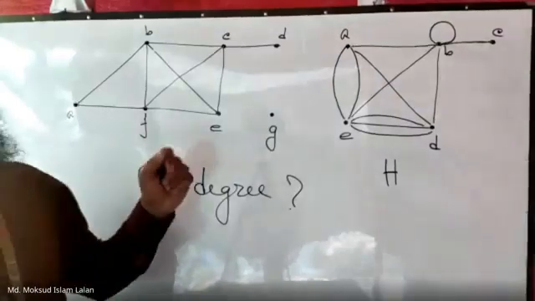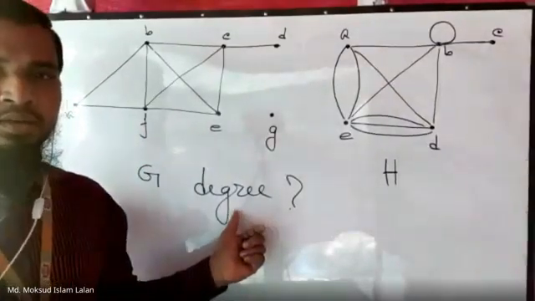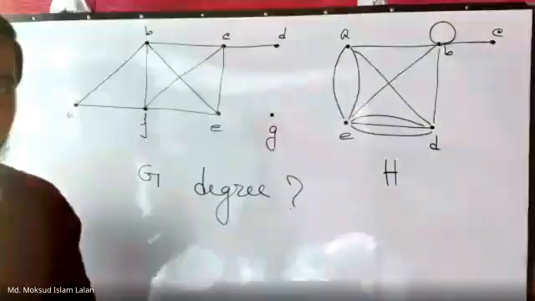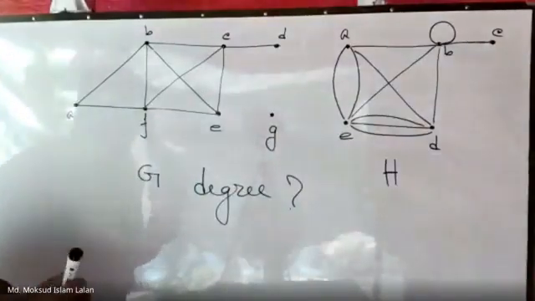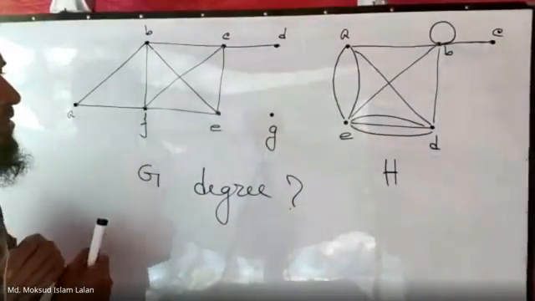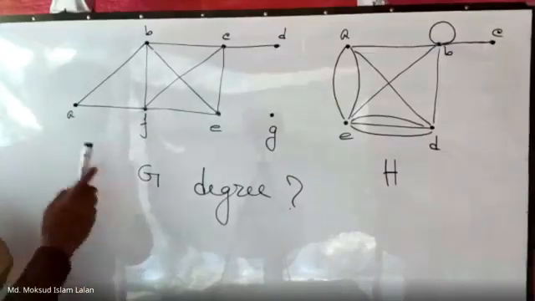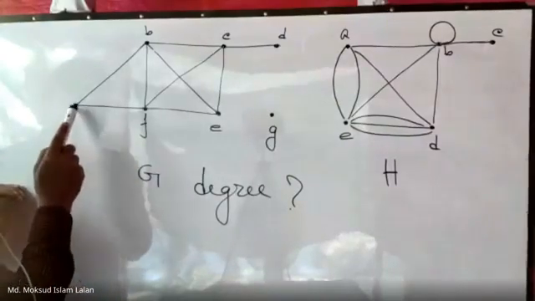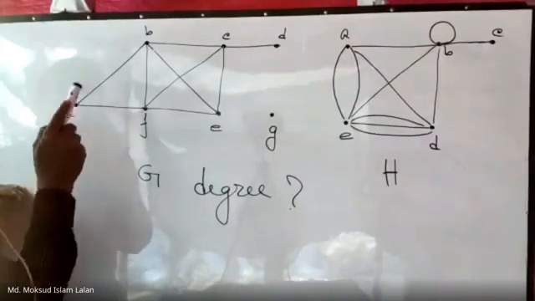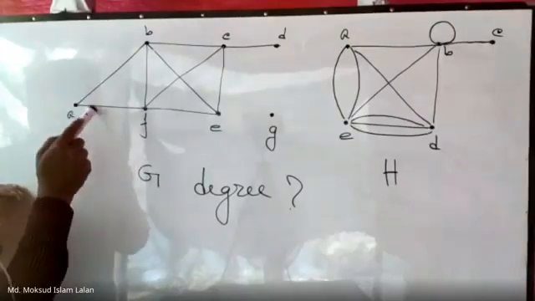How to find the degree of a vertex? If you are asking this question, degree is nothing but how many edges connect with this vertex, how many adjacent edges. Do you understand?